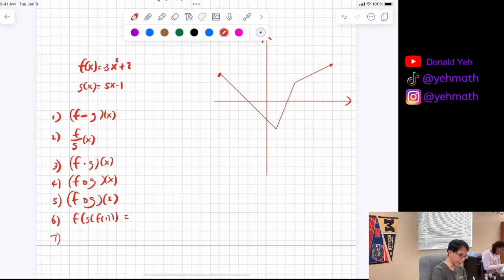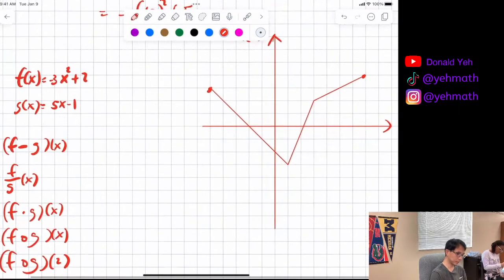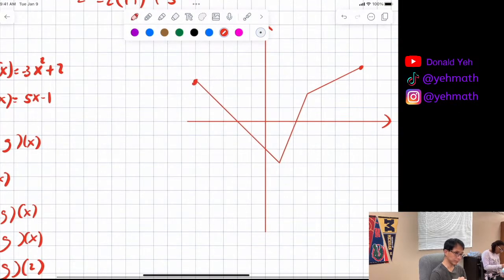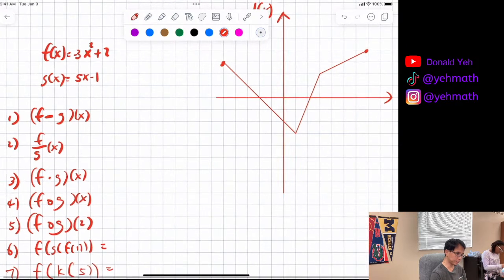And I can ask you another one: f of k of 5. So what is f of k of 5? Can you zoom in on the graph? Sure. What is f of k of 5?